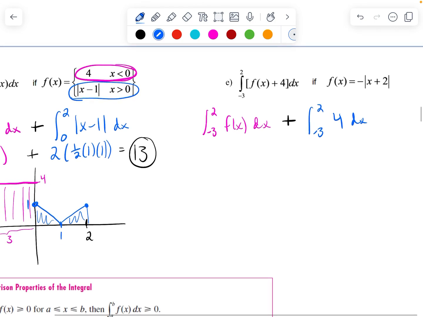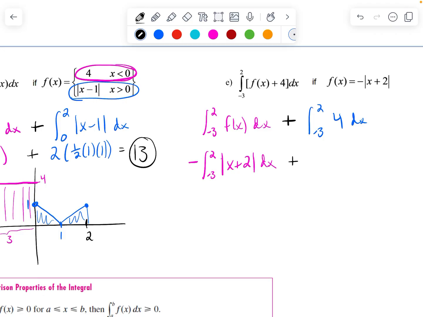So that's totally legal to separate them. So now when I plug in the actual integral here, I'm going to put that negative outside the integral and do x plus 2 dx. So I can put that negative out front.